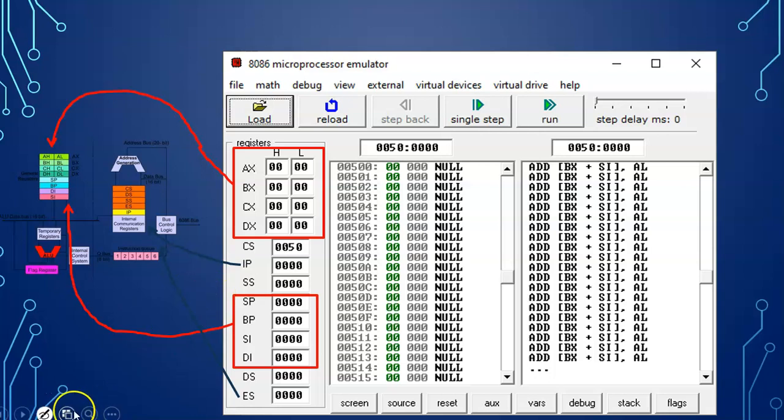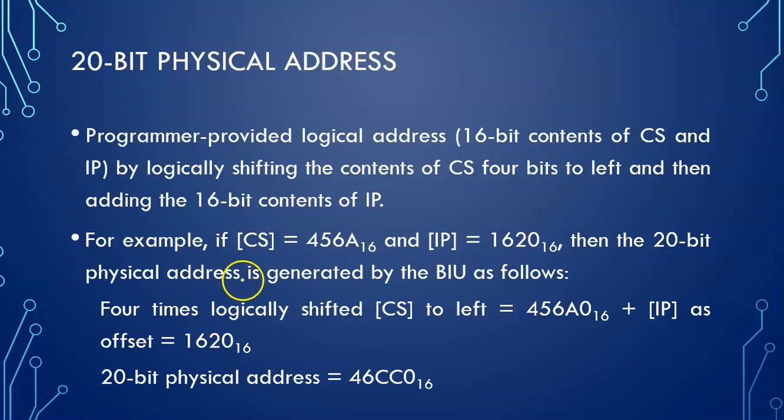So it will relate to the physical address. CS, let's say we have 456A. This is 16 bit. Okay, and IP. What is the function of IP? Same as program counter. It points to the next instruction to be executed.